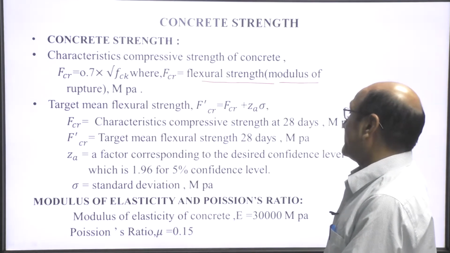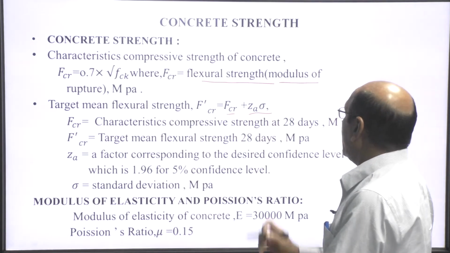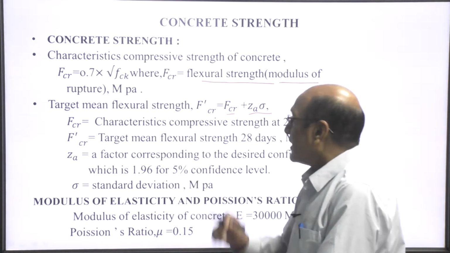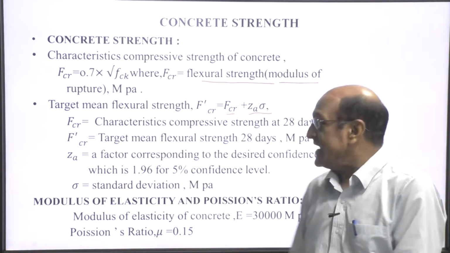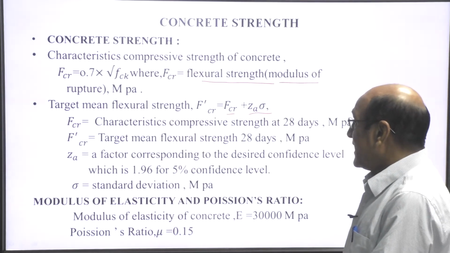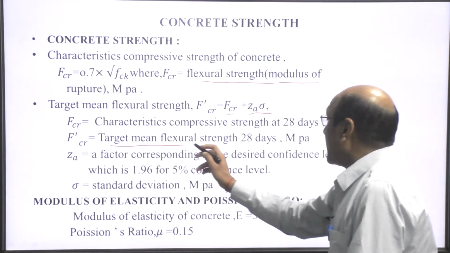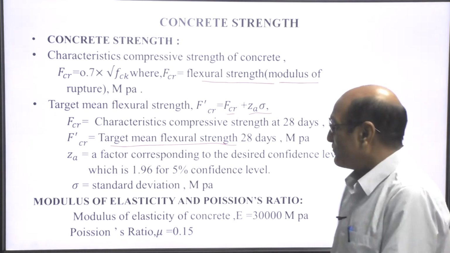Target mean flexural strength f'cr is equal to fcr plus Za sigma. Here fck is the characteristic compressive strength at 28 days in megapascal. f'cr is the target mean flexural strength at 28 days in megapascal.